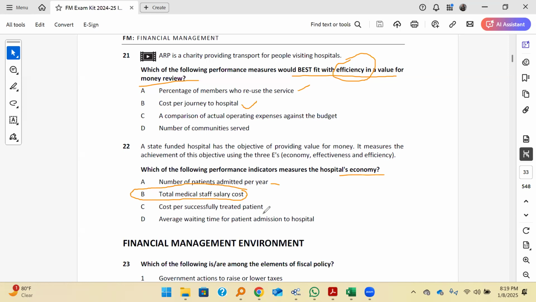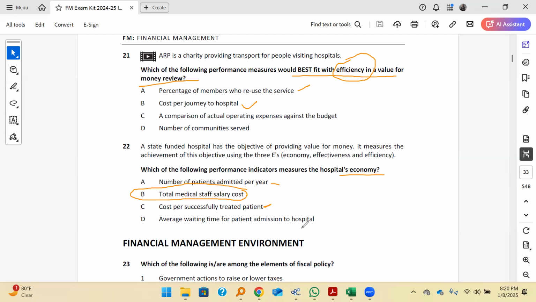Then cost per successfully treated patient, that is efficiency. Although efficiency has cost, it looks at how you achieve the objectives at the lowest cost. So normally it's cost by this, cost by that, trying to monitor how much it's costing us for each of the things we are doing.